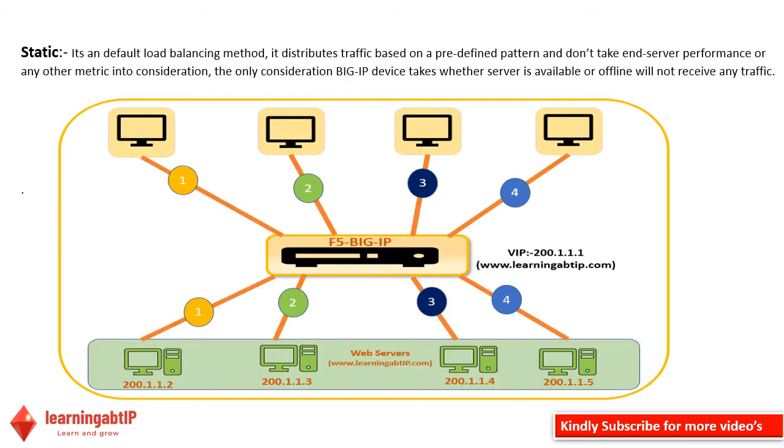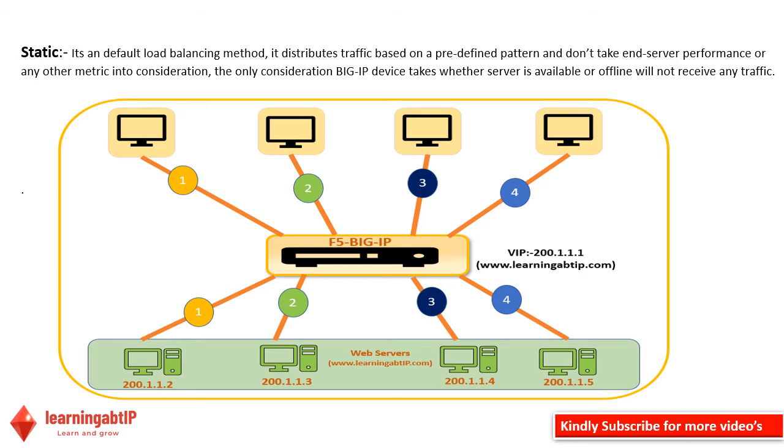Okay, the first one is the static load balancing method. Basically it is the default load balancing method. It distributes traffic based on a predefined pattern and does not take end server performance or any other metrics into consideration.